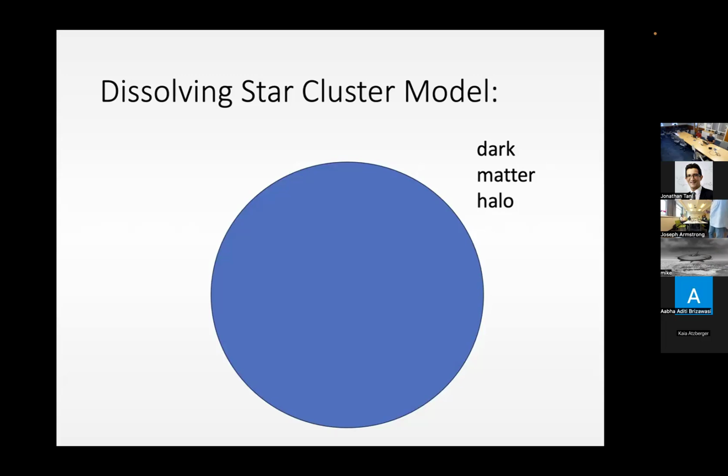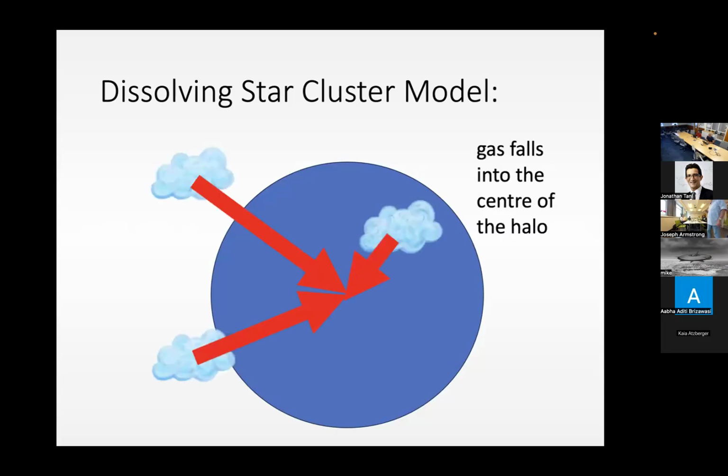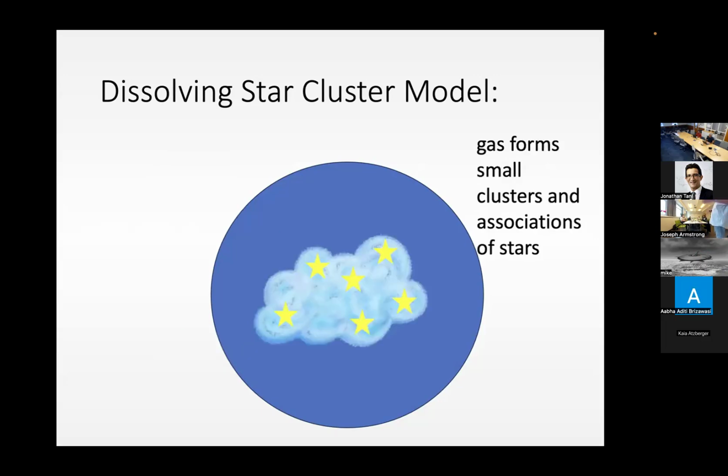So we start out with a dark matter halo, and we assume that in this dark matter halo we get infalling gas, and this gas forms stars at the center, but not evenly distributed, but in little clumps, in little associations, in little star clusters.